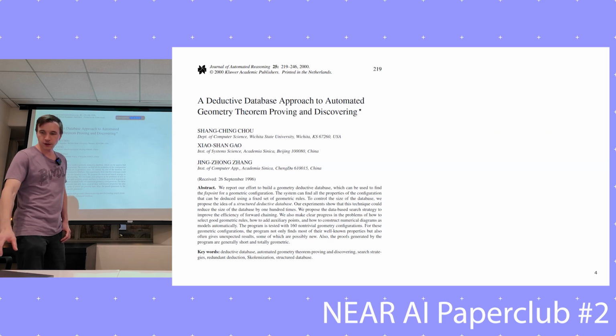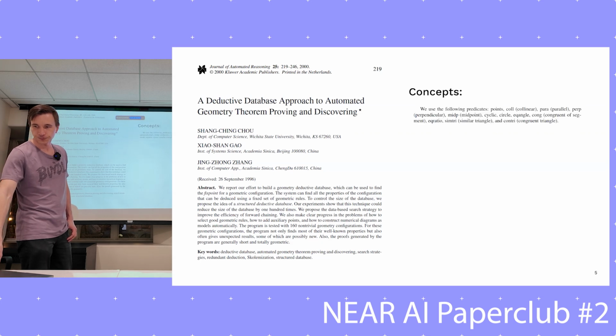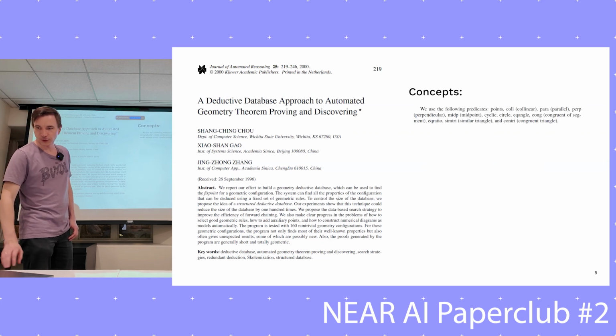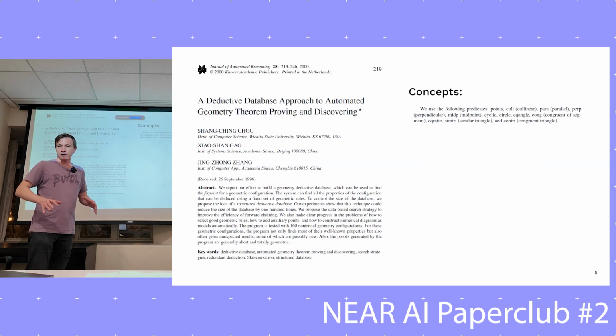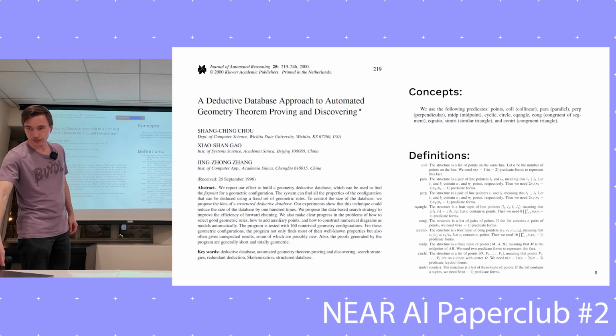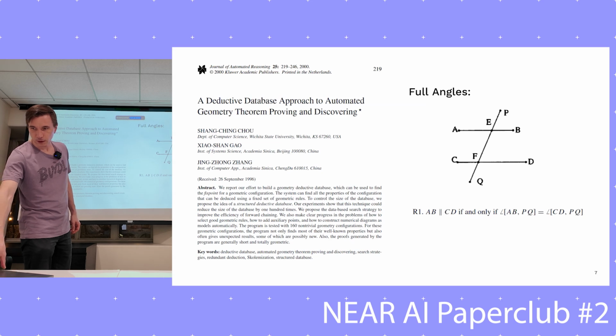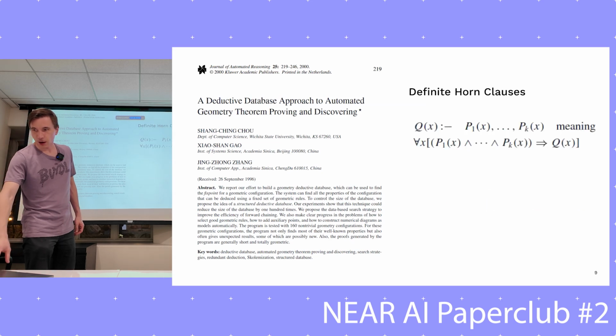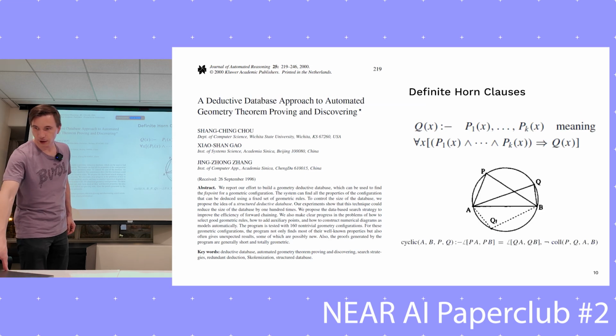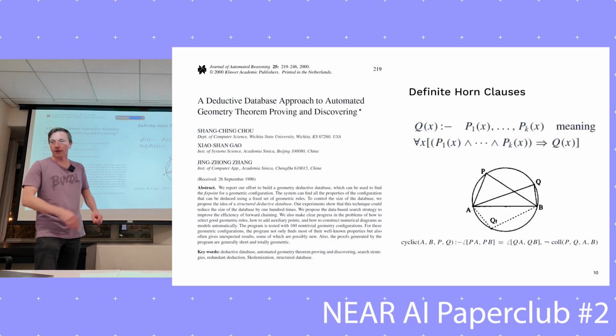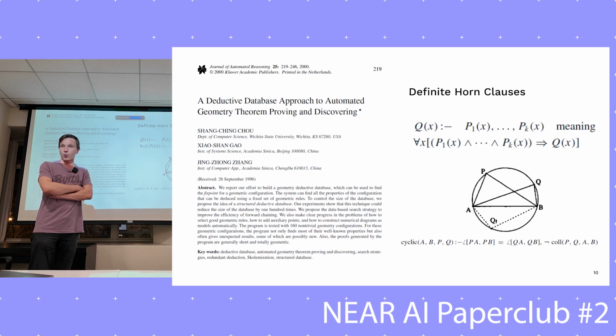The way the deductive database works is, first of all, the idea is to define a bunch of concepts such as points, circles, lines, angles, etc. For those concepts, they define possible relationships, and then they have a database of what are called definite Horn clauses, which effectively say if certain statements are true, another statement is true, right?